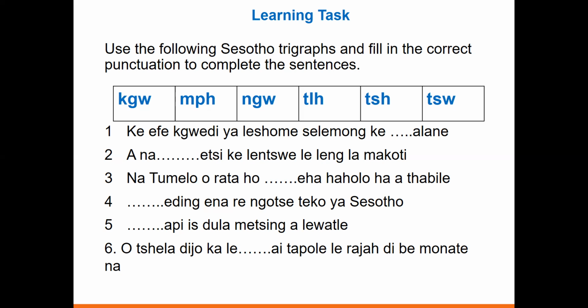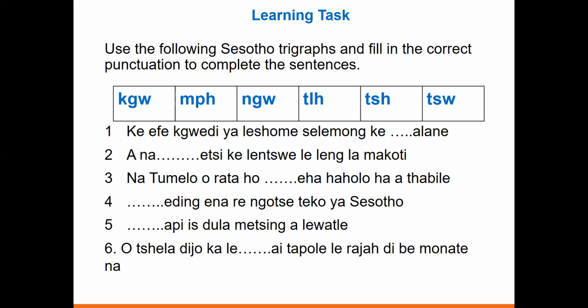Na Tumelo o rata ho haholo ha thabile. Does Tumelo like when he is happy? What do you do when most of the time you're enjoying yourself or something is very funny or you are just happy? Ena re ngotse teko ya Sesotho. Meaning during this time, we wrote a Sesotho test.